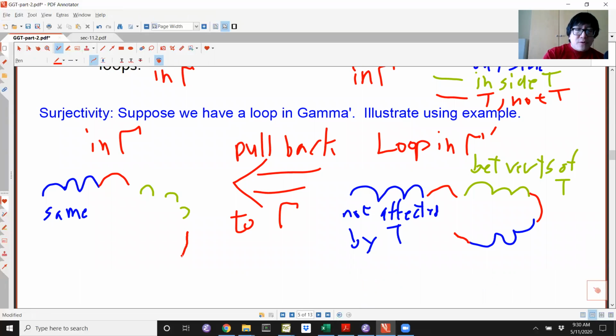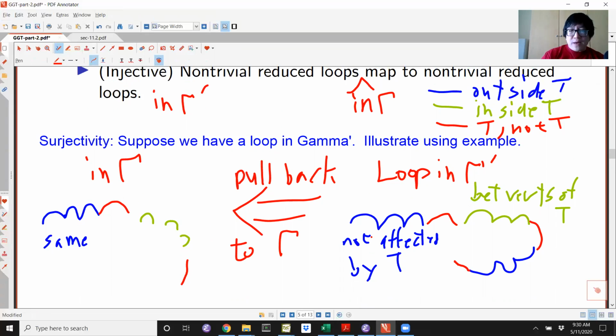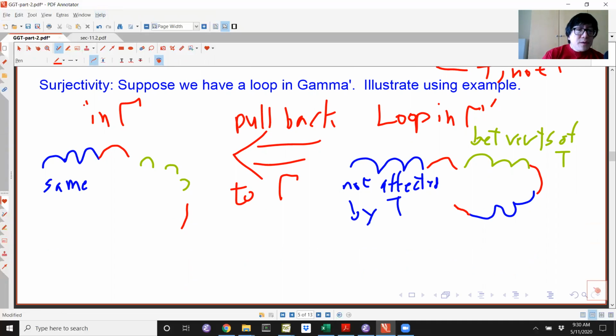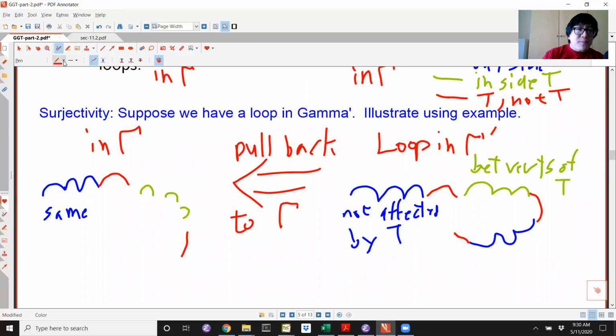So when you pull back, the basic problem you have to worry about is this. Let me just draw it, and then I'll talk about it. The blues and the reds are still connected.